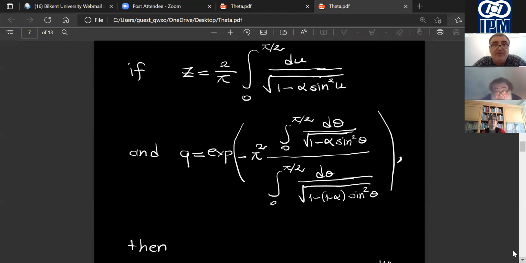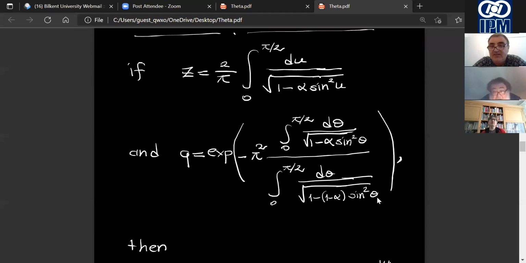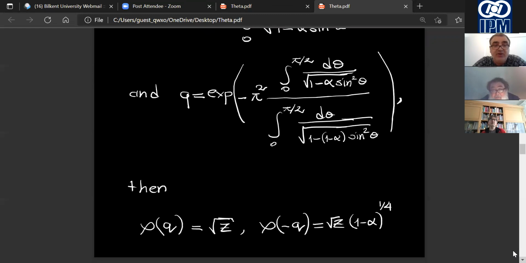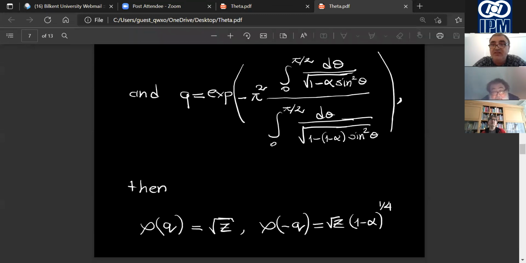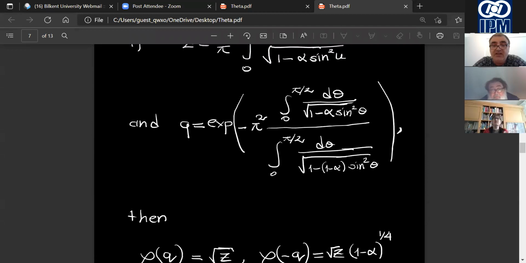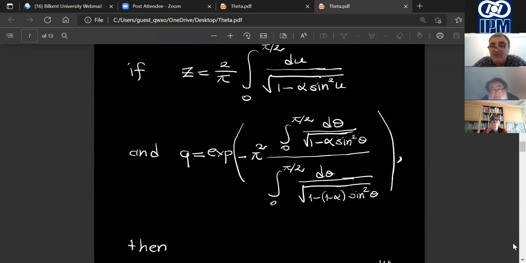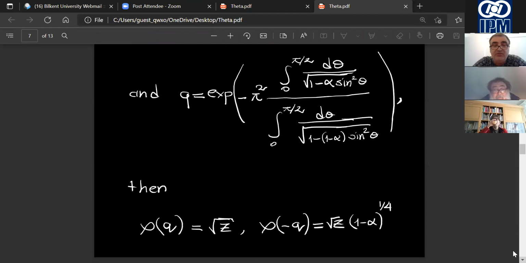Now if we define z and q this way, then we can show that phi of q is the square of this elliptic integral, square of z. And theta of minus q is the square of that elliptic integral multiplied by 1 minus alpha to the 1/4. Basically, you are parameterizing theta functions using elliptic integrals and the modulus of that elliptic integral.